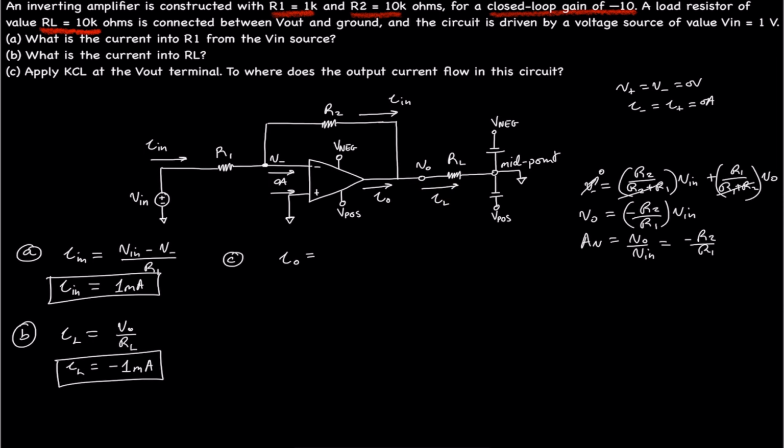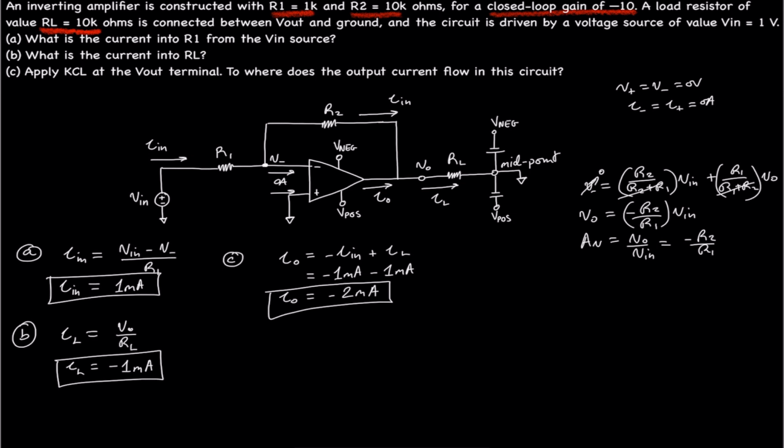Coming in is negative, so that's negative In, and going out is positive, so that's plus IL. We know the input current is 1 milliamp, so that's negative 1 milliamp, plus IL, which is negative again, so that's negative 2 milliamp. So I out is equal to negative 2 milliampere.